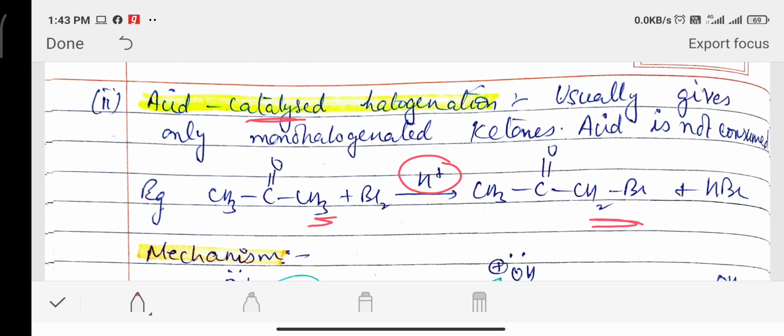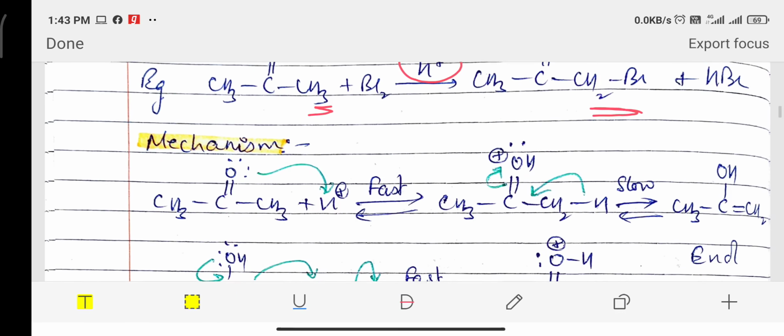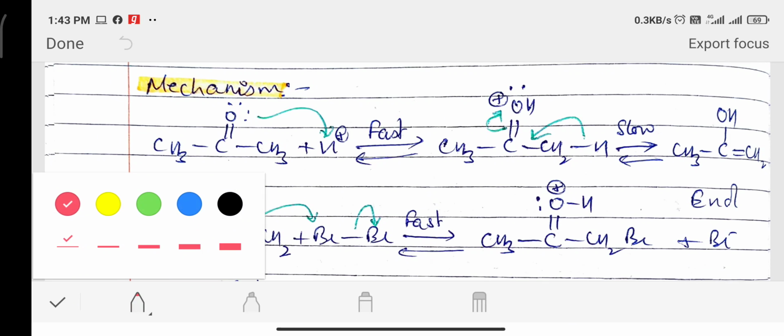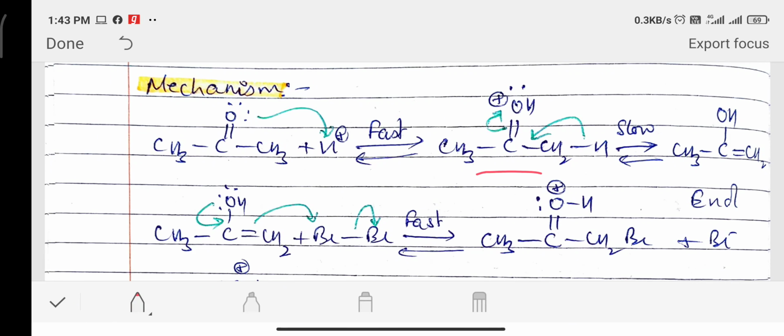The mechanism is, as we know, in the presence of acids, first the protonated ketone is formed, and then this releases hydrogen, and the enol is formed, which is in dynamic equilibrium with the carbanion form.